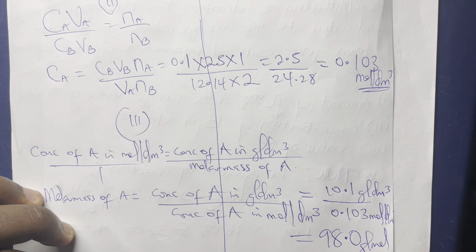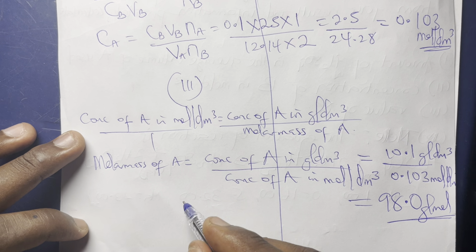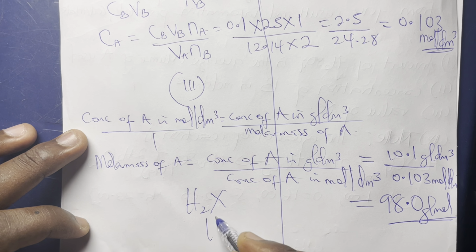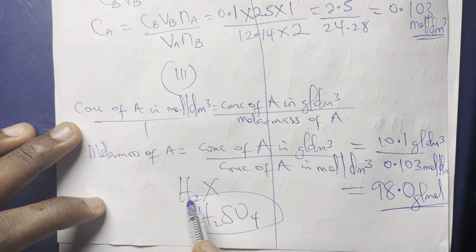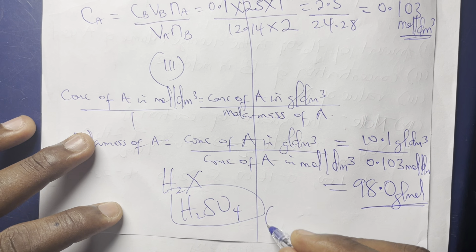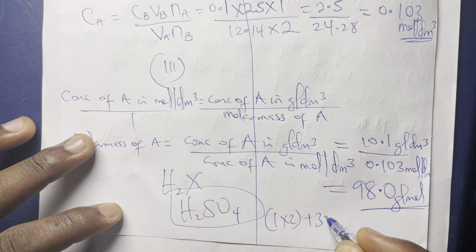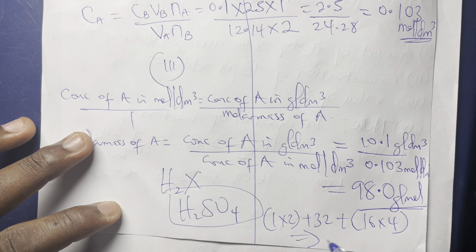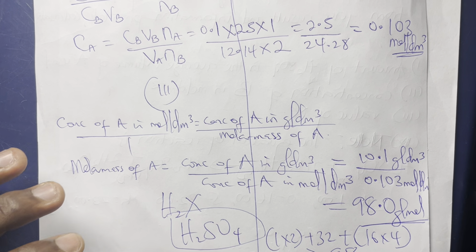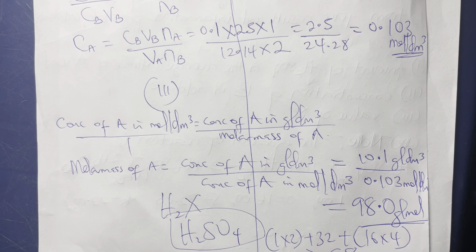So that's the molar mass. And you know that this H2X is now going to be H2SO4, because if you calculate the molar mass of H2SO4, it will give you 98. By saying 1 times 2 plus 32 plus 16 times 4, everything gives you 98. So that's everything I have for you from question 1 to question 6.